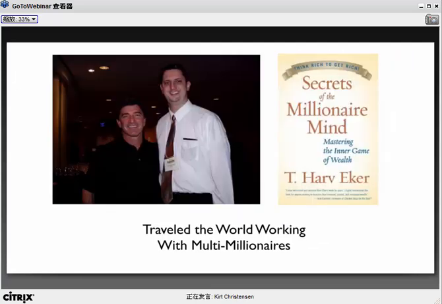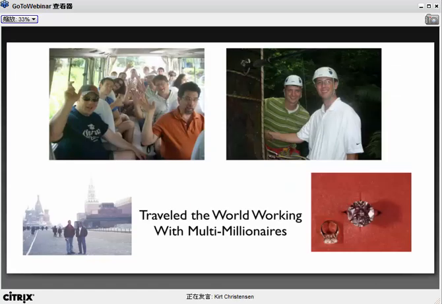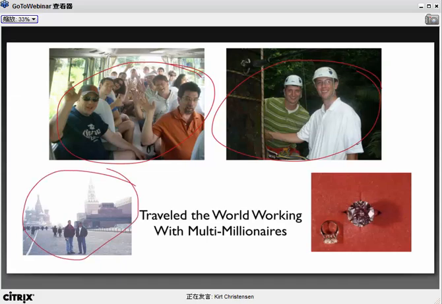I've gone on speaking stages with celebrities such as T. Harv Eker of The Secrets of the Millionaire Mind, and put on my own events all over the world. I've done all kinds of stuff. This is in Costa Rica, you can see here, ziplining in Costa Rica with my group. And then I've actually even spoken in Russia, and the seminar we did in Russia was actually on cable TV in Russia for a number of years after that.